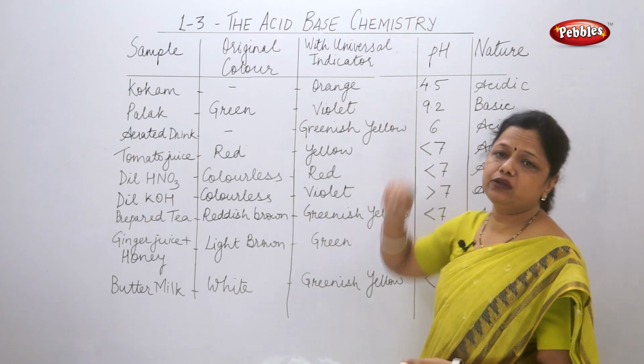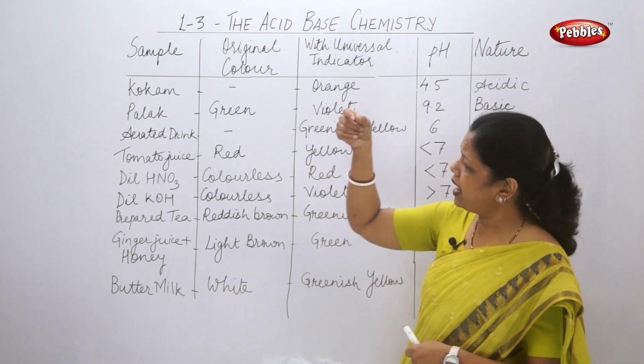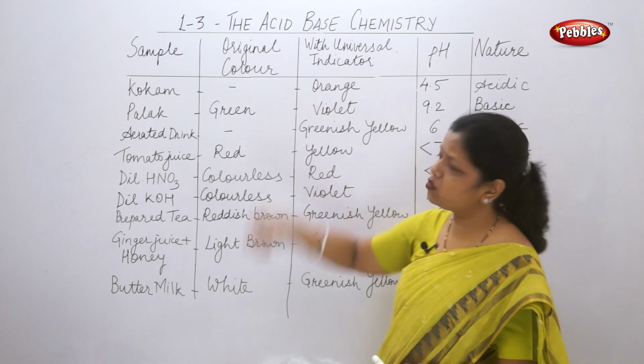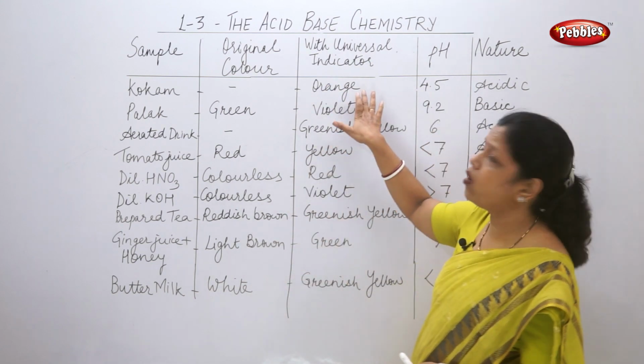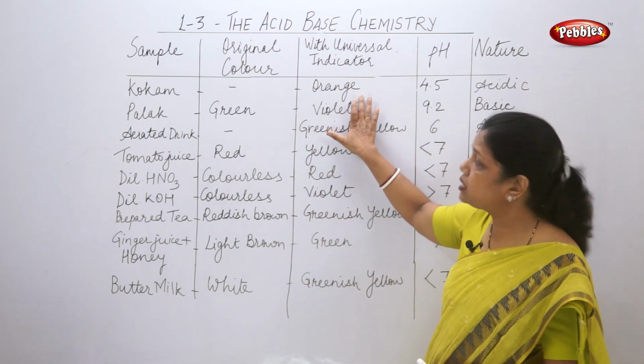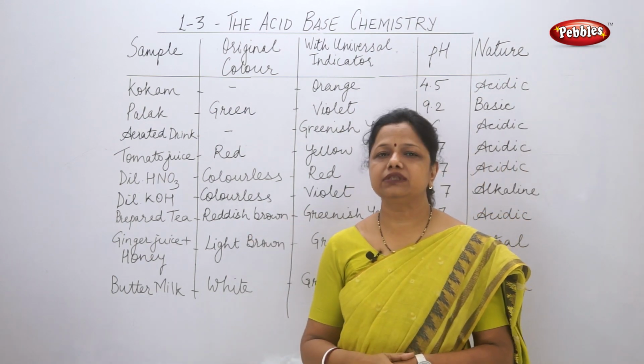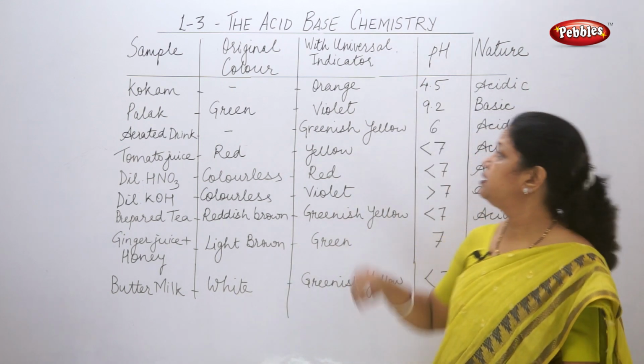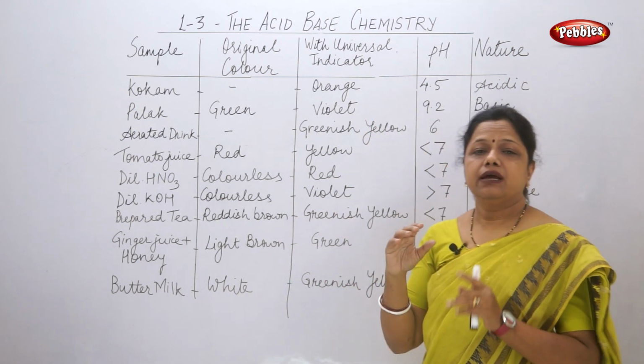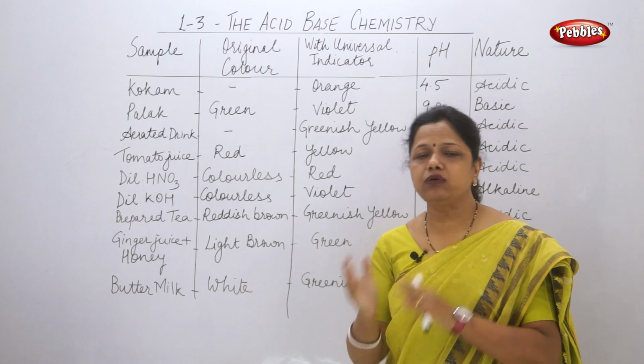Then if I use a universal indicator, I take a strip and dip it in the kokum extract, I get an orange color. Now the orange color, according to the strip given to us along with the universal indicator, indicates a pH between 4 to 5.